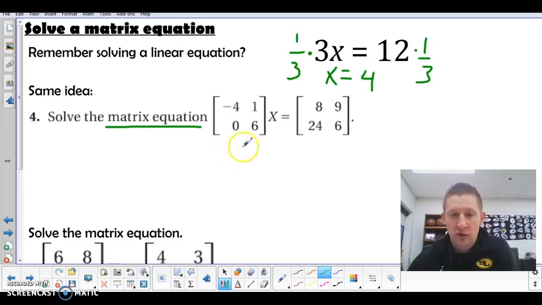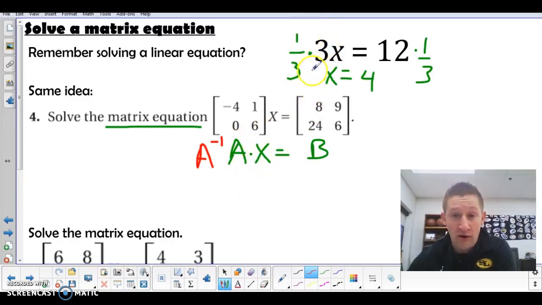I'm going to call this matrix A. So I have matrix A times matrix X is equal to matrix B. To solve for X, I'm going to multiply by the inverse of A. Here I multiplied by the inverse of 3, 1/3, okay, multiply by the inverse of A. The inverse of A times itself, remember, is going to be the identity matrix, which won't change whatever matrix this is, so that's good.